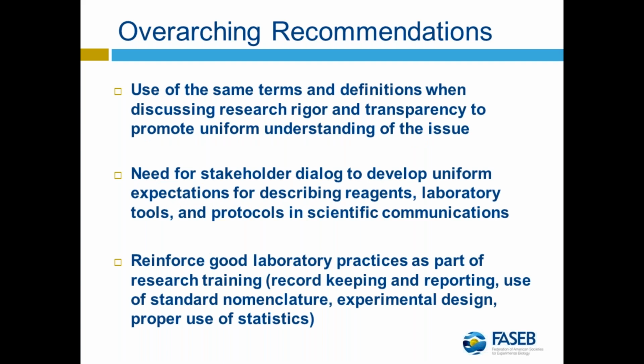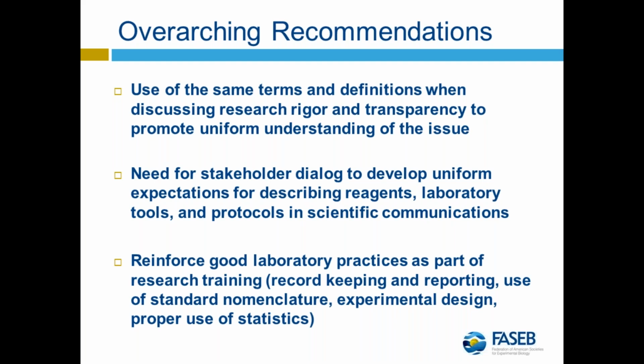I will take the opportunity to highlight our 3 overarching recommendations because when I've talked about what FASEB has done in this space, I always highlight them because they may seem basic, but until these 3 overarching recommendations are addressed, there will be challenges. The challenges for rigor and reproducibility in the biological sciences will likely continue.